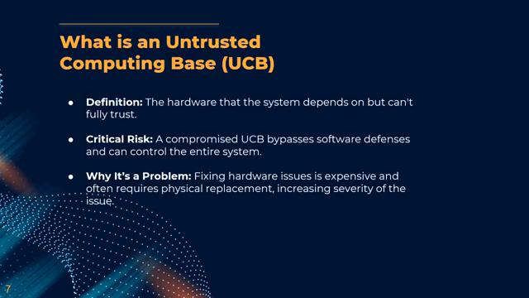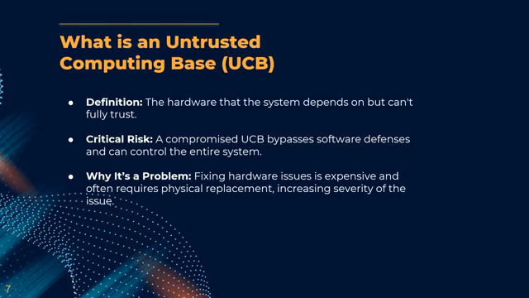To understand why detecting malicious hardware is so difficult, we need to talk about the untrusted computing base, or UCB, part of this. The UCB includes the hardware components that a system depends on, but it's considered untrusted because if any part of it is compromised, it can bypass software defenses entirely. Unlike software vulnerabilities, fixing malicious hardware is like replacing a faulty organ in a body.